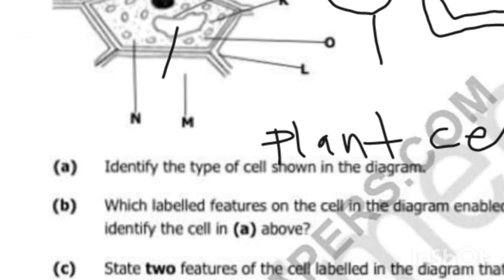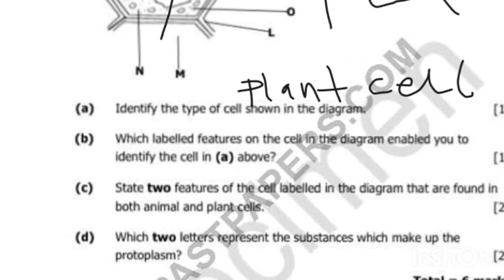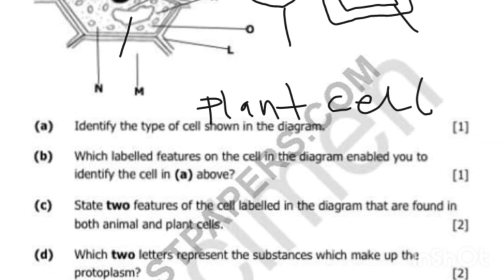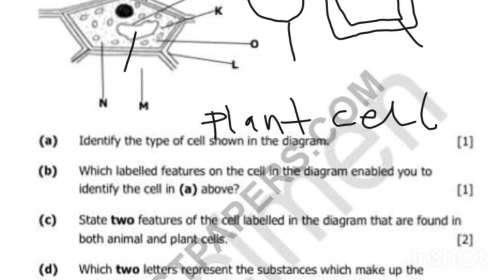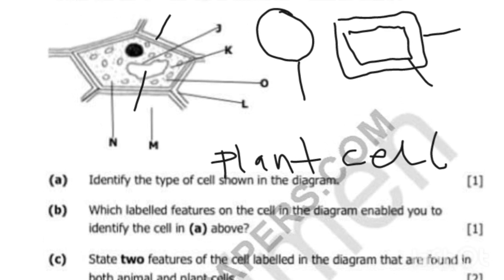So now let's answer the question. What is the question telling us? Which labeled feature on the cell in the diagram enables you to identify it? Do we have the cell wall being labeled?